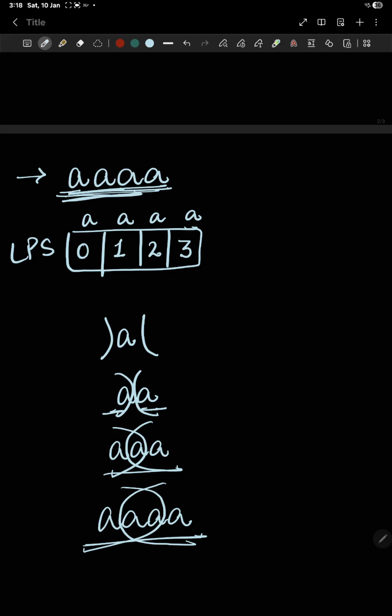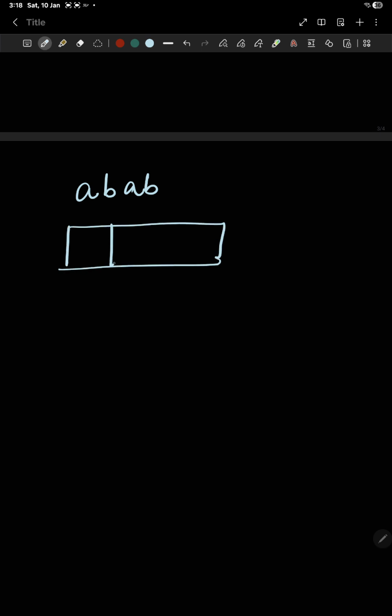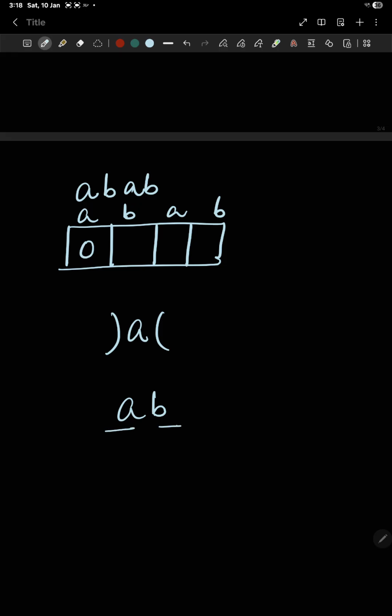We can also take another pattern. For example, we'll take a a b a b. If we have to build the LPS of this: if we take only a, nothing, 0. If we take a and b, nothing, both are different and unique, so again 0.